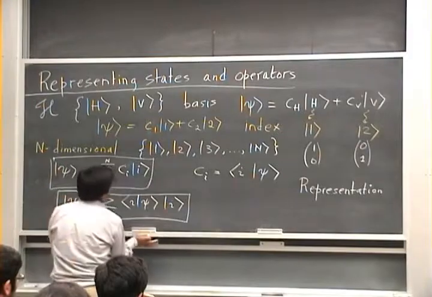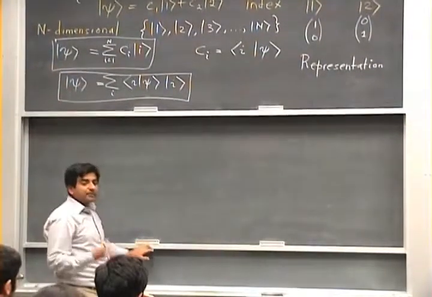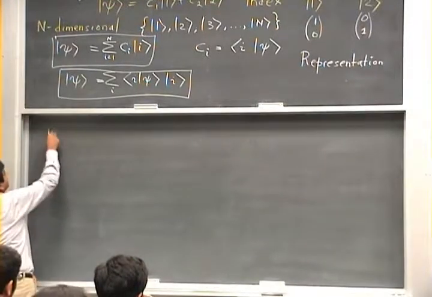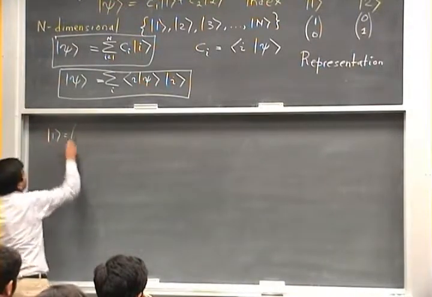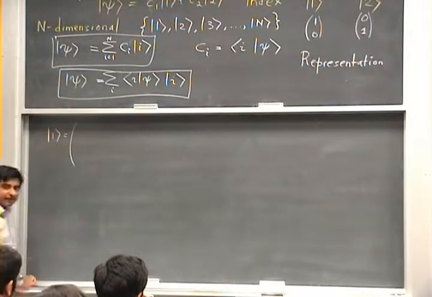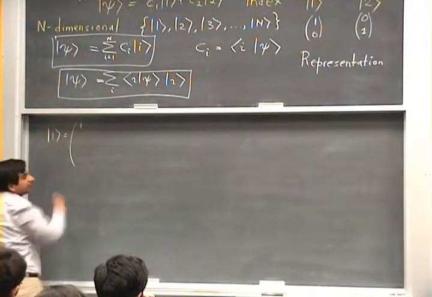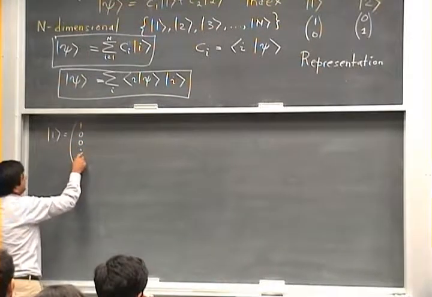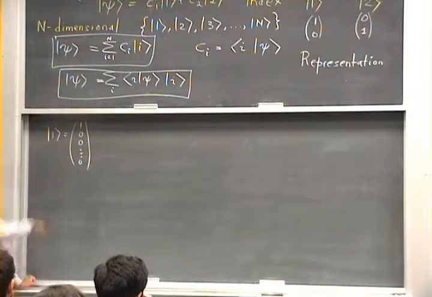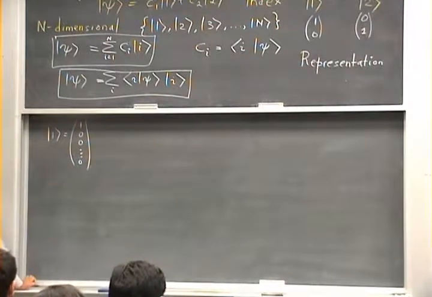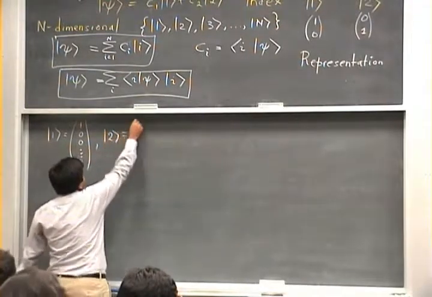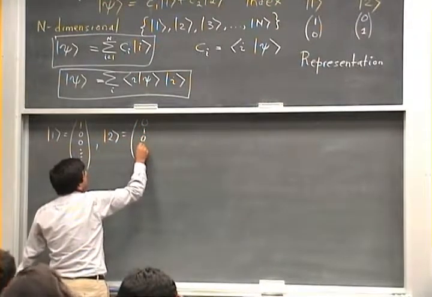Now for this n-dimensional space, we can also come up with the representation. Okay? So, ket 1 could be represented by a column vector, okay, with a 1 in the first position and zeros everywhere else. And I have n elements in total. All of them are 0, just one is 1. Okay? So this is a representation that I am choosing. I can have ket 2 being represented by a 1 in the second location.